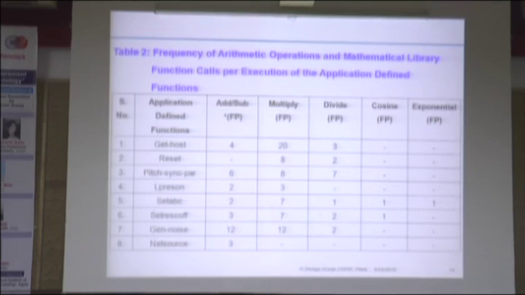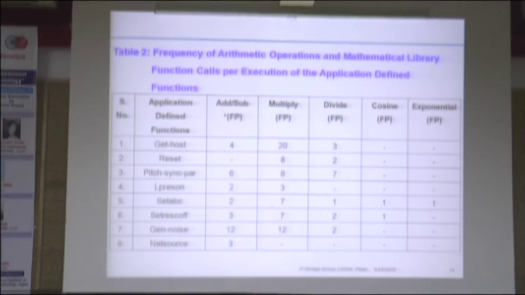Now all these functions require operations, arithmetic operations and mathematical library functions. This table gives the frequency of these operations required by these functions. This get host function takes the parameters from the outside, from the host environment, and supplies these parameters to the ASIP.